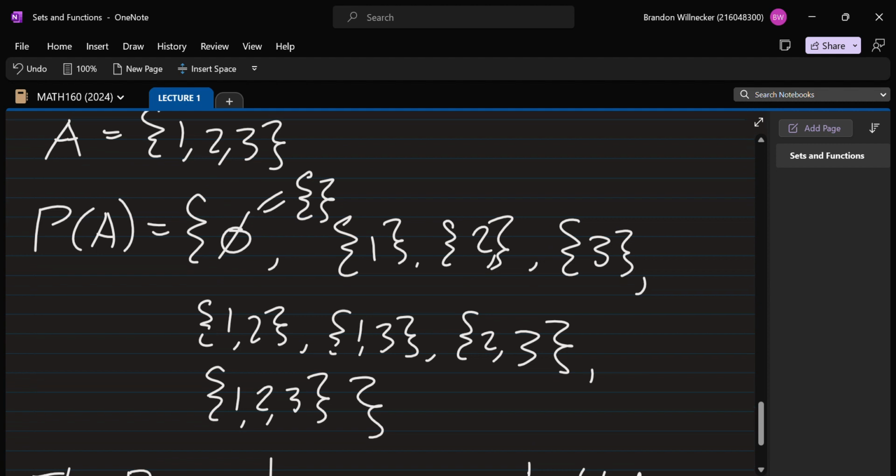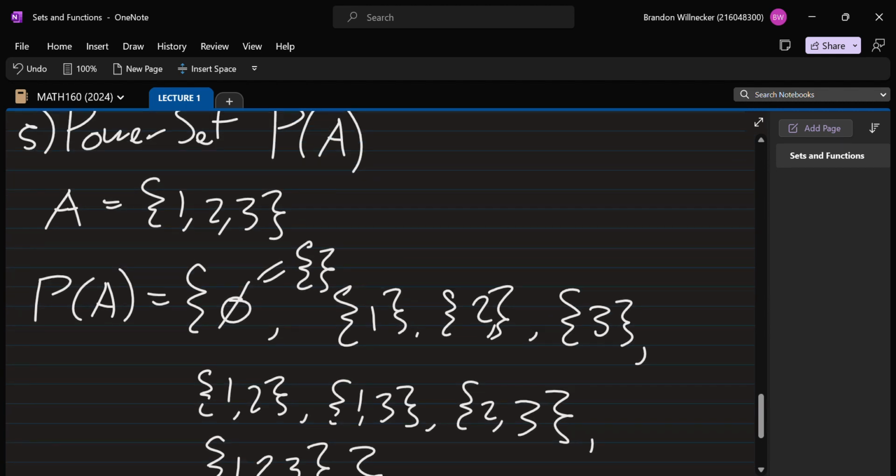If we look here at A being 1, 2, 3, we want to look at all of the sets we can make with those elements. The first thing we can do is pick none of the elements. In that case, we get the empty set, because it contains no elements.